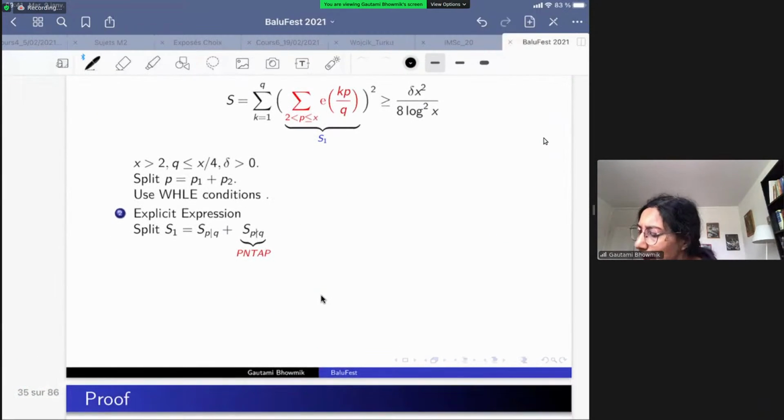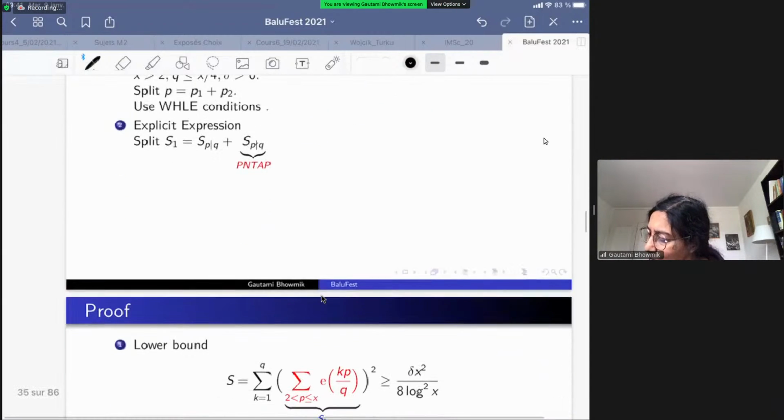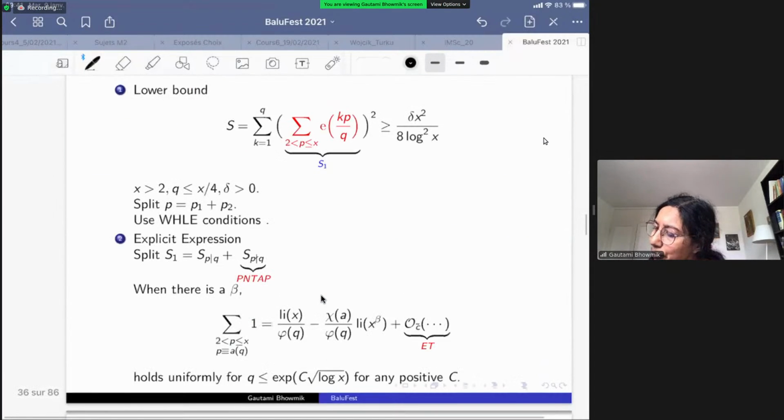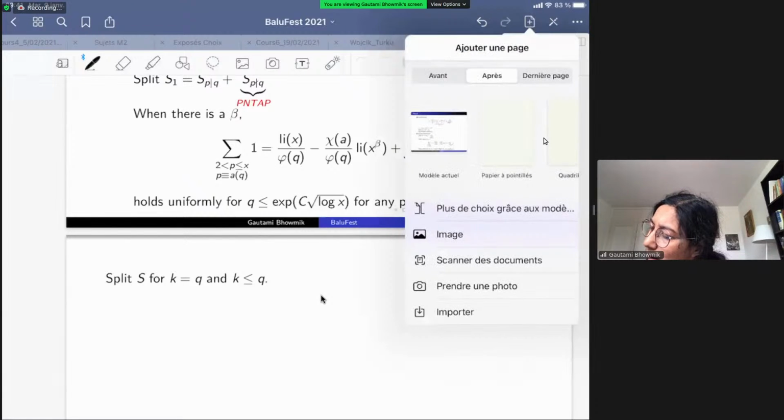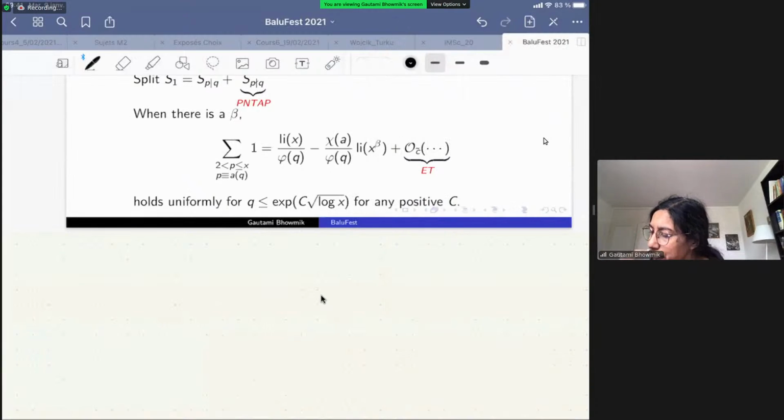What do we do? We take two cases where Q is divisible by a prime and Q is not divisible by a prime. Okay. So if Q is divisible by a prime, then we... not divisible by a prime, then we use the prime number theorem in arithmetic progression. Then what we can get is S1.